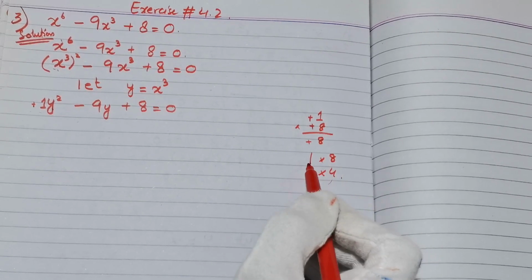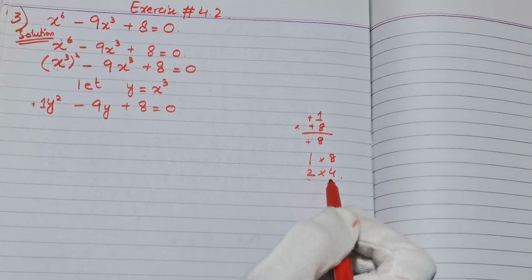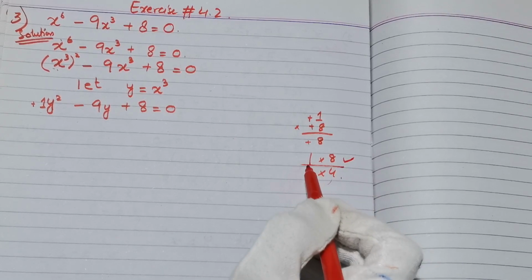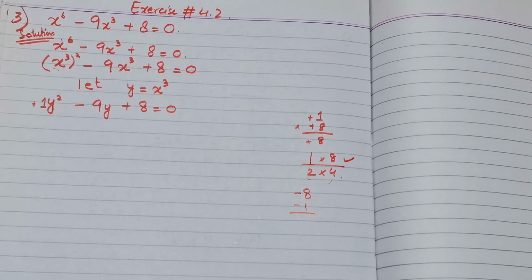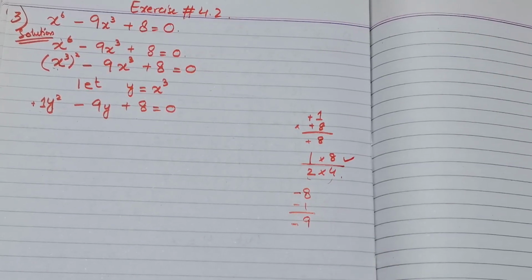Now choose: 8 and 1 make 9, 4 and 2 make 6, 4 and 2 make 2. If we add 8 plus 1, it is 9, so the factors are 8 and 1. If we write minus sign with both, minus 8 plus minus 1 makes minus 9, the sign is minus.